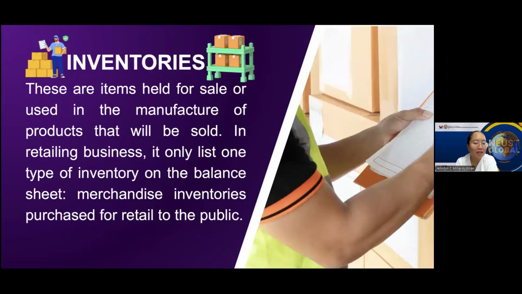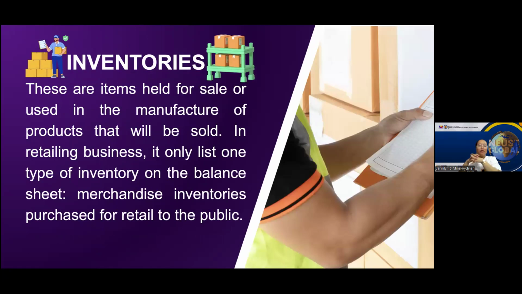And then we have inventories. So inventories are goods held by a business for sale or for use in making products to be sold. In a retail business, inventories typically consist of merchandise for resale, while in a manufacturing business, inventories include raw materials, work in progress, and finished goods. Example: a clothing store has merchandise inventory, $10,000 worth of clothing for resale.